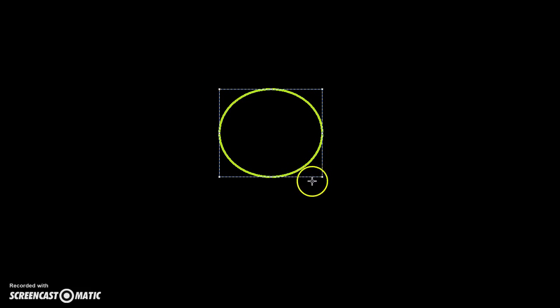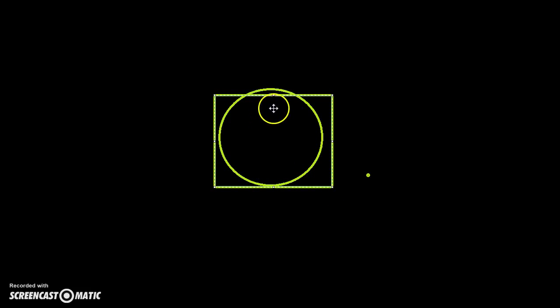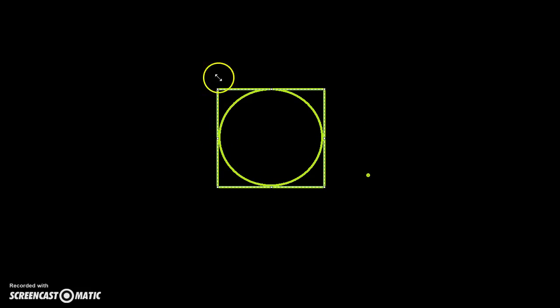First, let's take a circle. Okay, now let's put a square around the circle. Let's make it a different color.